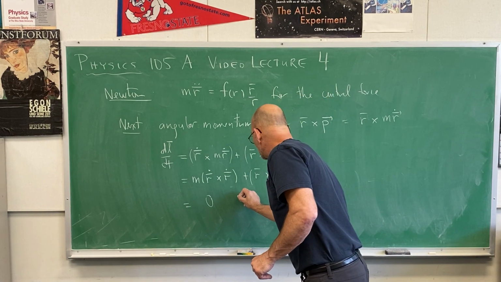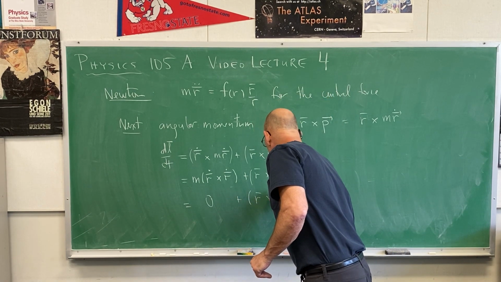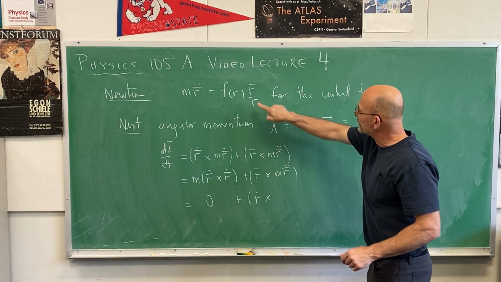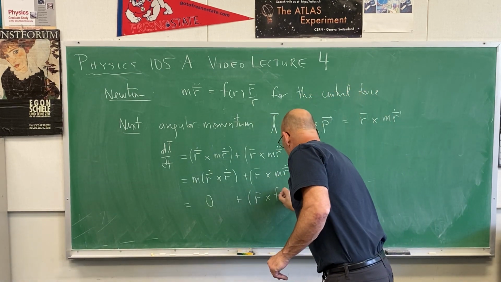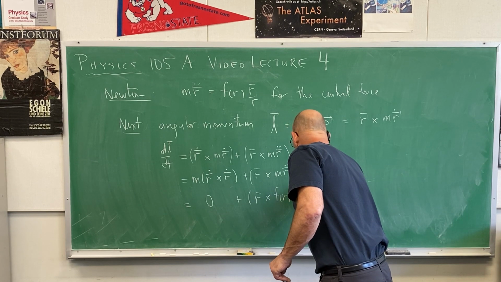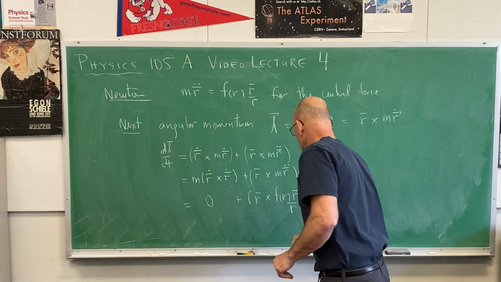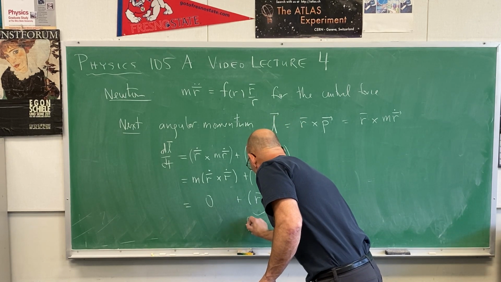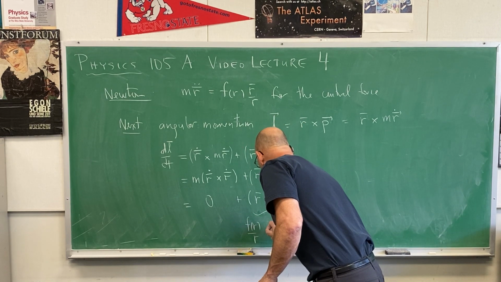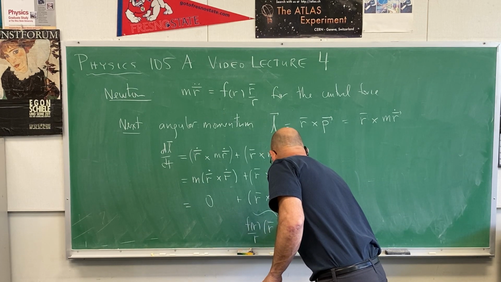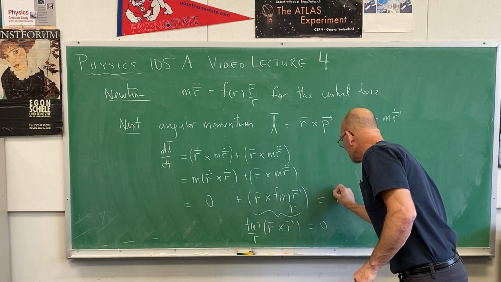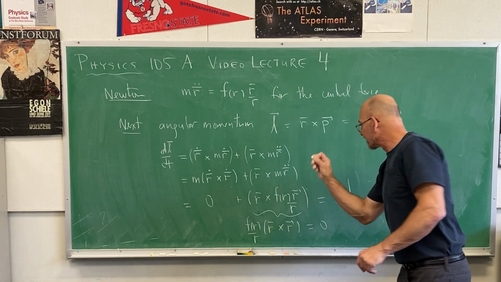Well, we have r cross, and I'll replace this with its force law, F of R over R. Okay. And for this thing, we can pull the scalar out, so F of R divided by R, and then we have r cross r. Also zero. So the whole thing equals zero, exclamation point.